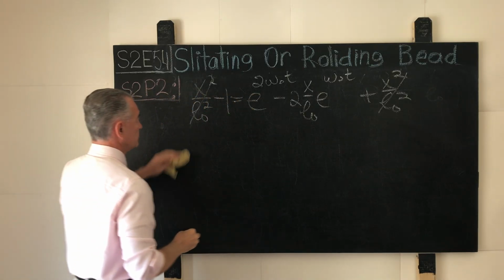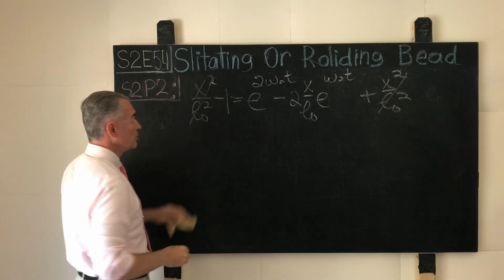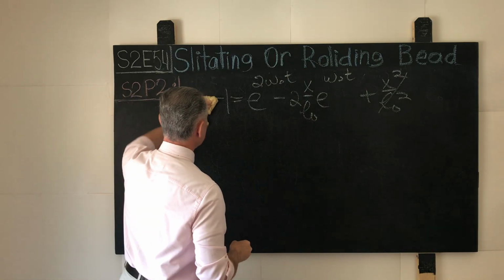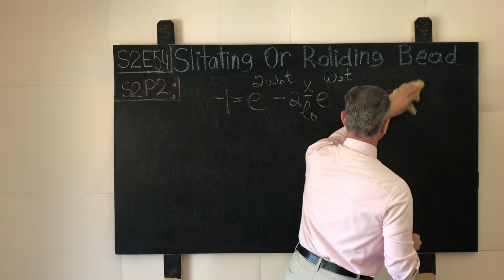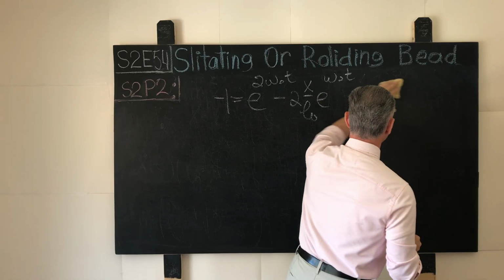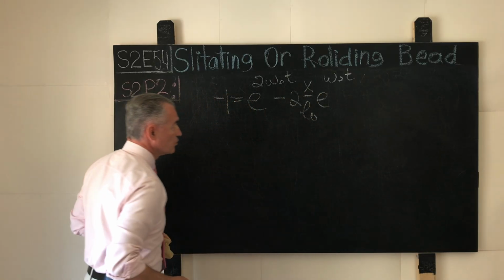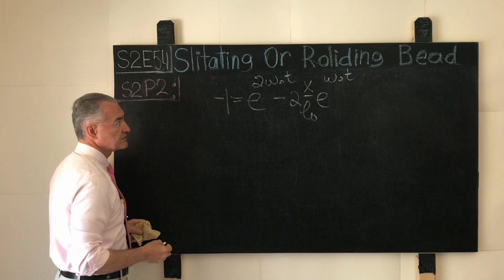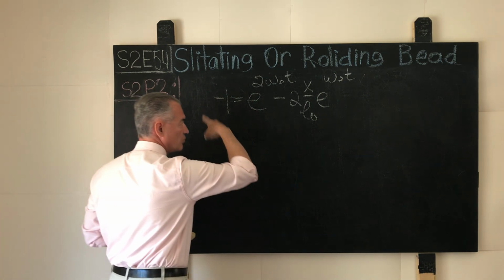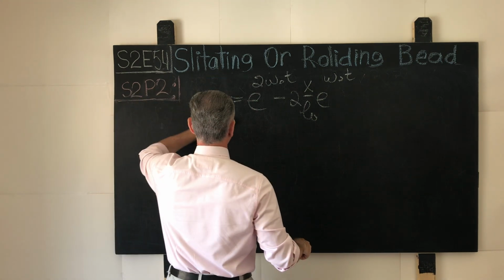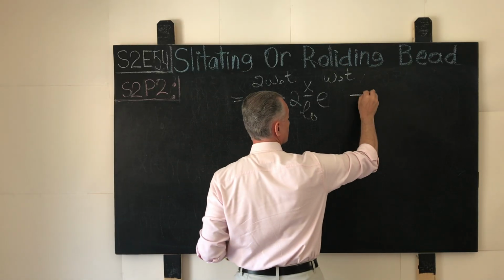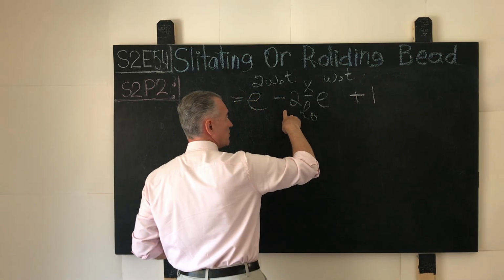What do we have? Once you understand this maneuver, let me erase this here and erase this here. We understand the genesis of all this wonderful stuff. What is next? Well, next is minus 1 flies to this side over here, plus 1. And what about this guy?